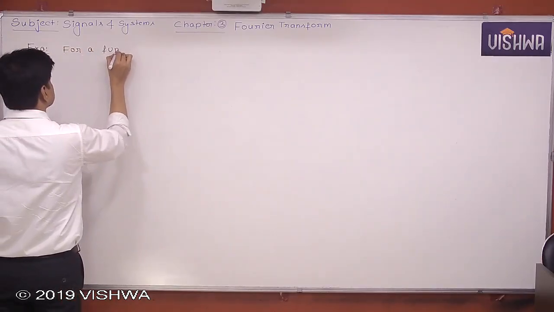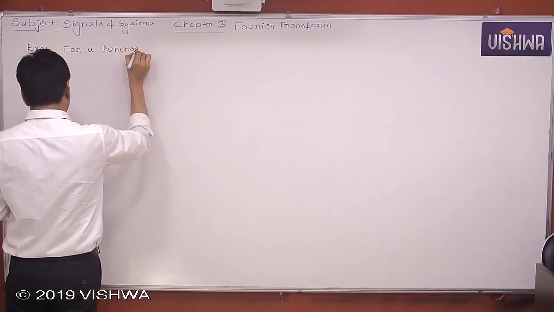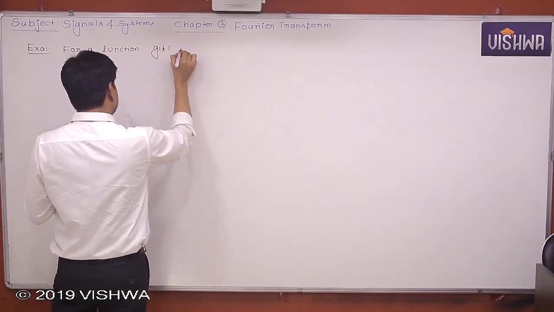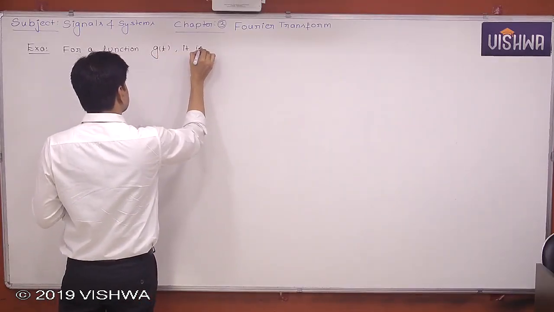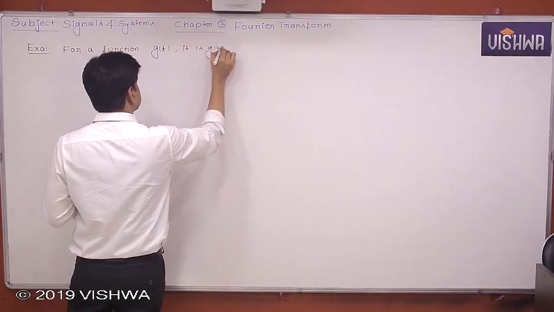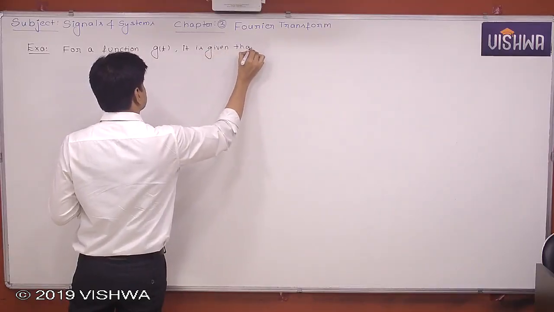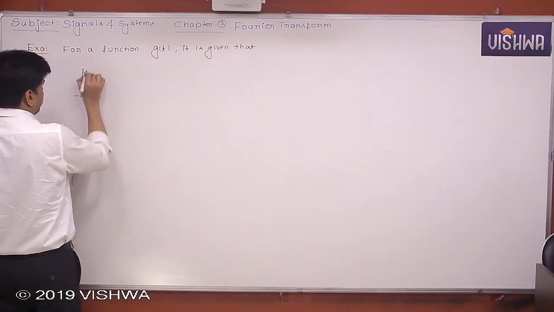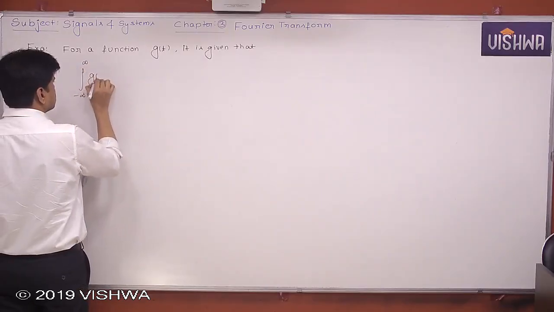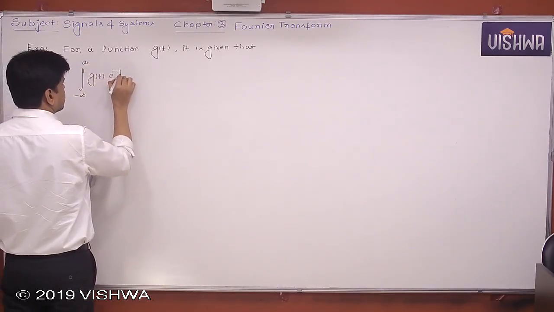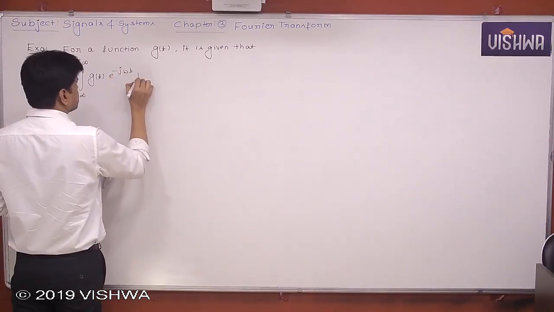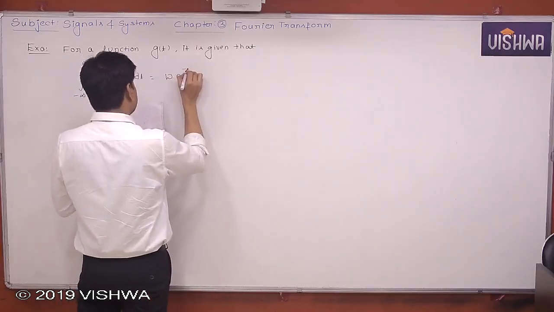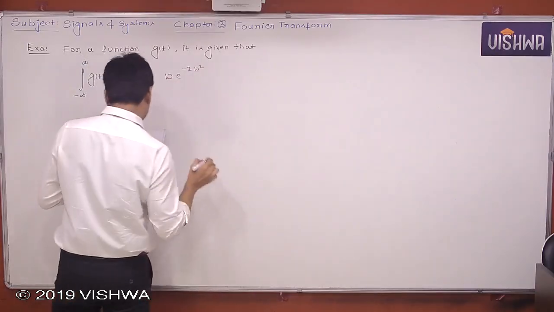Take it first. For a function g of t, it is given that the integral from minus infinity to infinity of g of t e power minus j omega t dt is equal to omega e power minus 2 omega square.